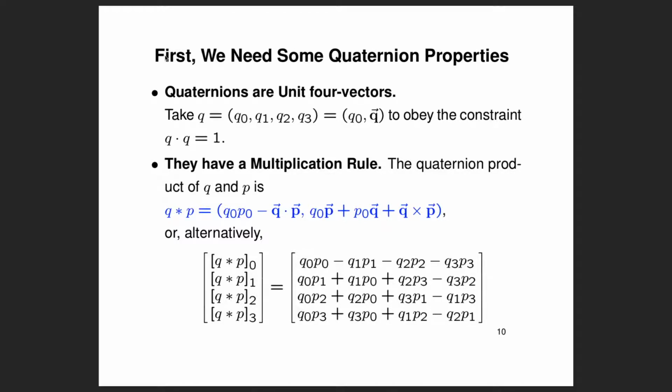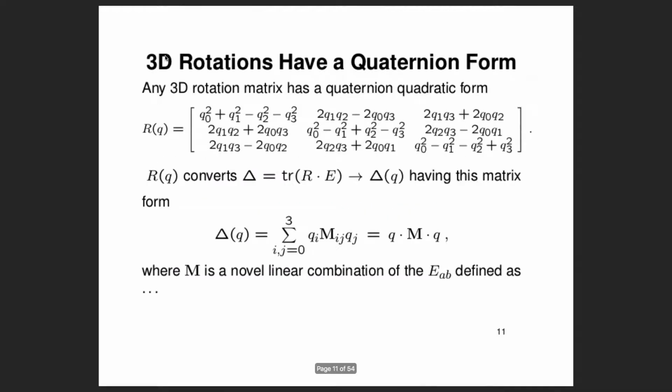Because it's non-commutative, it turns out to be equivalent to multiplying SU2 matrices by SU2 matrices. SU2 is the covering group of the SO3 rotation space.